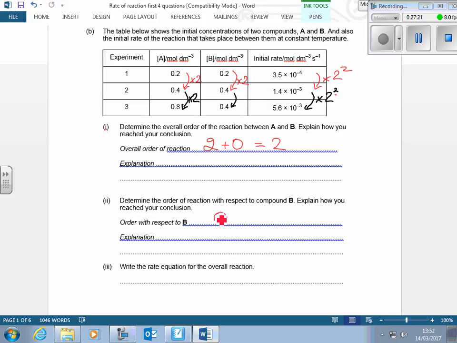You get the general idea, I hope, that if we double A, we can double it either from there to there or from there to there. But when you look down here, doubling A but keeping B constant had that effect. Didn't need to do that necessarily at the beginning. But doubling A and doubling B has the same effect. So the concentration of B is not having any effect on the rate of reaction.